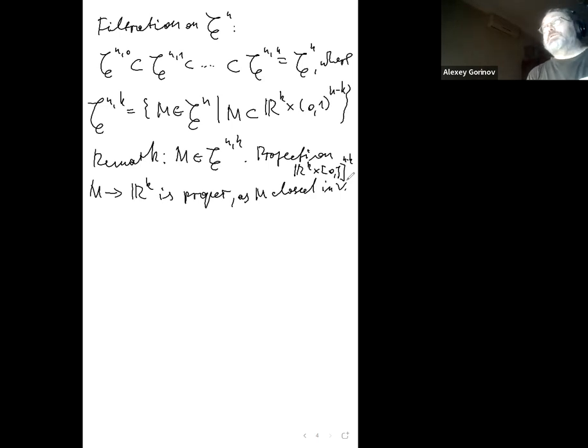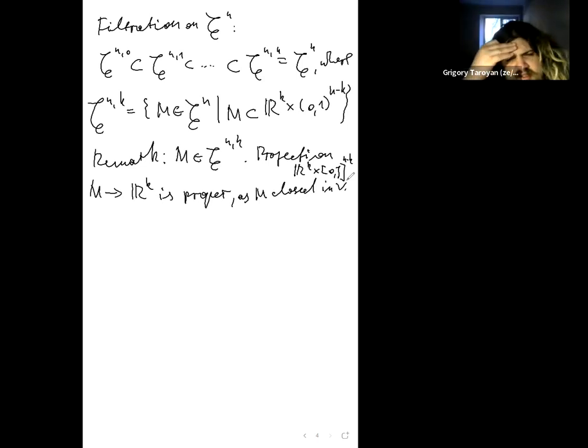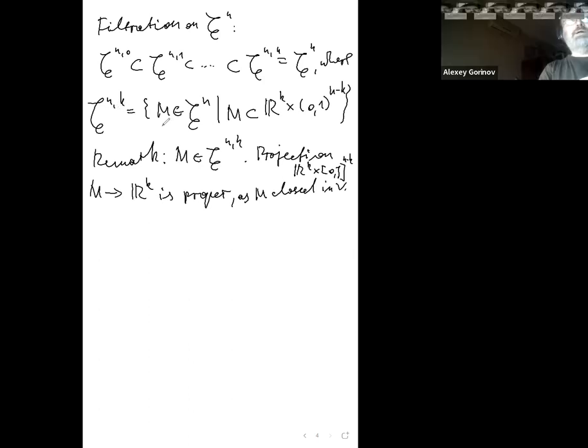Does this make any sense? In particular, does everyone remember what a proper map is? So it's C_{n,k}, and the last one is C_{n,n}.